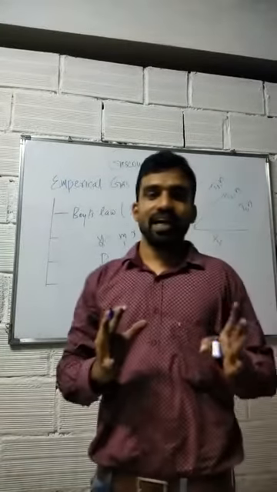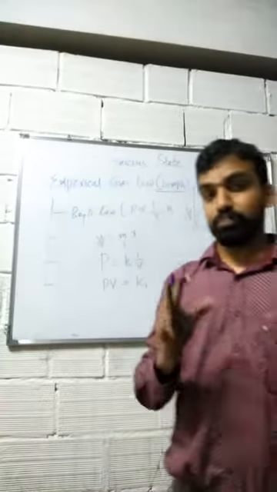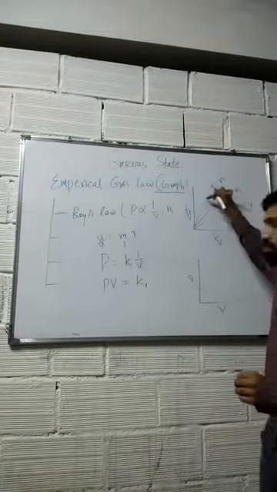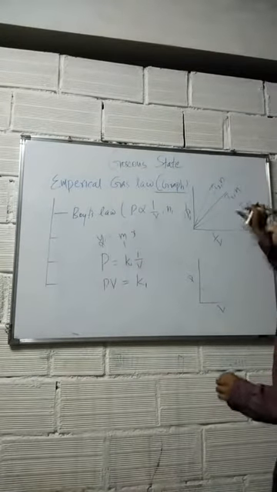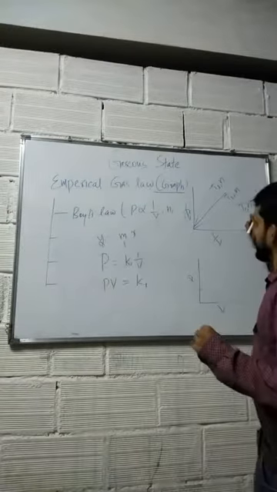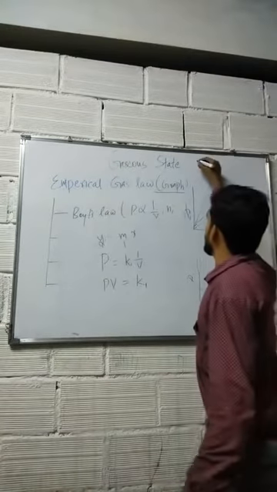A graph plotted at constant temperature is called an isotherm. So these are different isotherms. This is one isotherm, this is another isotherm, this is another isotherm. So a graph plotted at constant temperature is called an isotherm. So let me ask one question with respect to this.